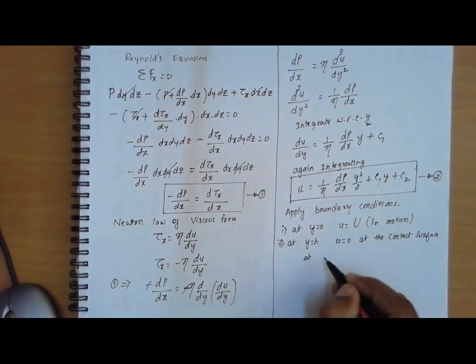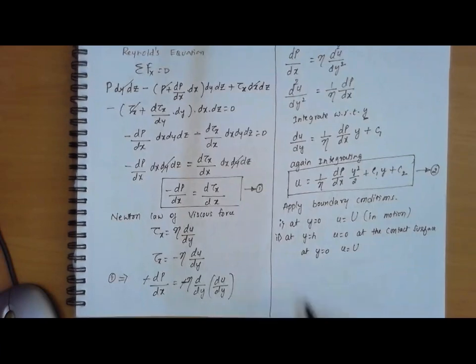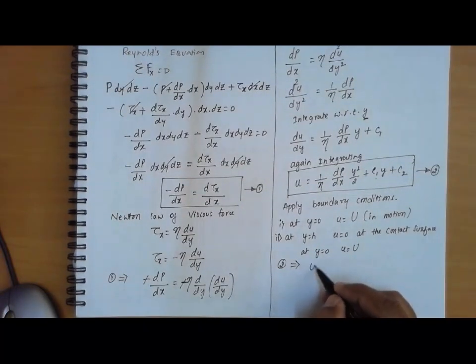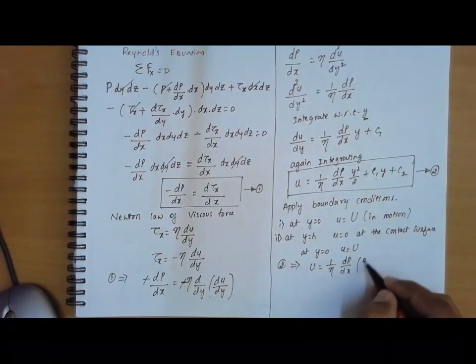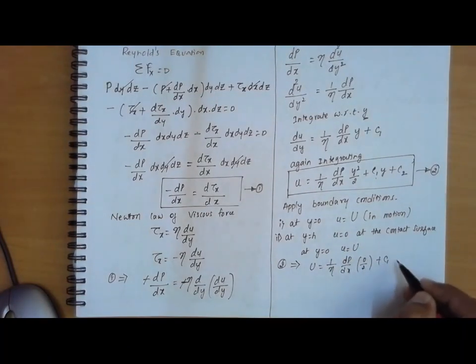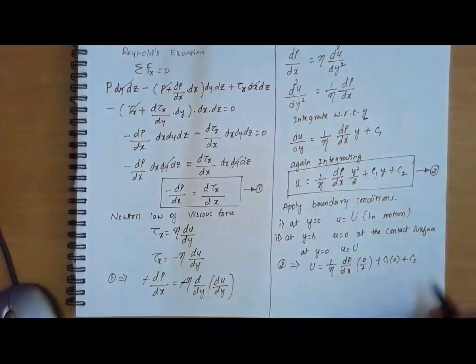At y is equal to 0, u will become capital U. So now equation 2 will imply u is equal to 1 over eta, and this entire term will become 0, so dp by dx into 0 by 2 plus c1 into 0 plus c2.